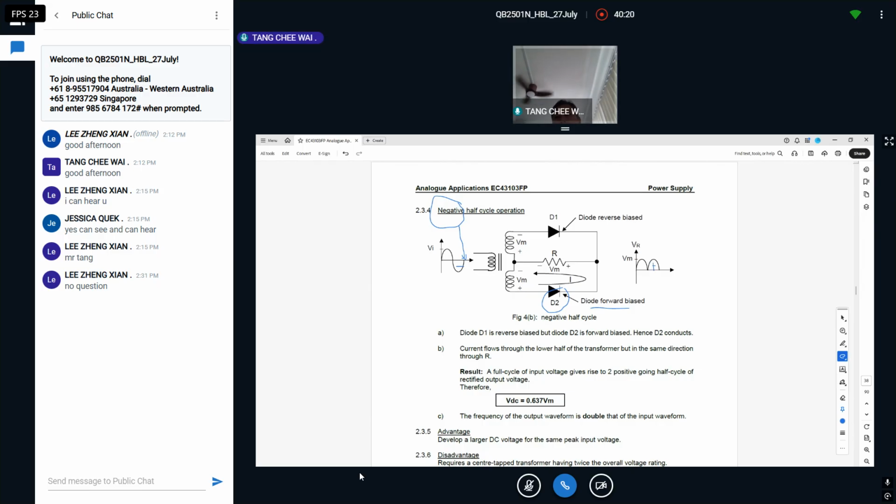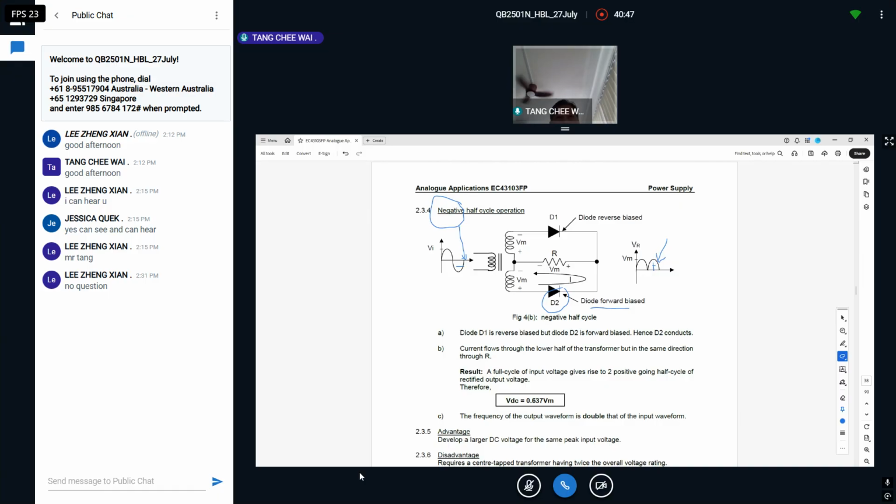The next one. But then some of you may ask, how come the negative cycle goes past here, then becomes positive here? Okay, listen. The reason, as I just said, when the negative cycle comes in, first thing first, D2 is forward bias.